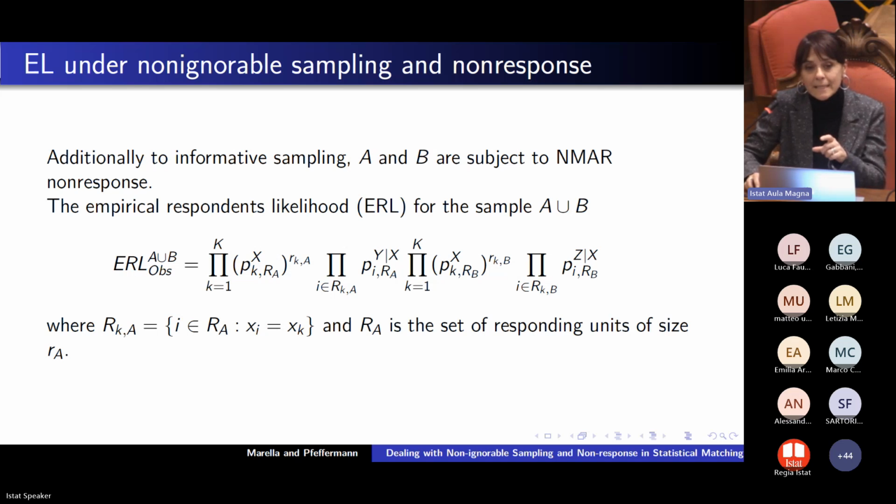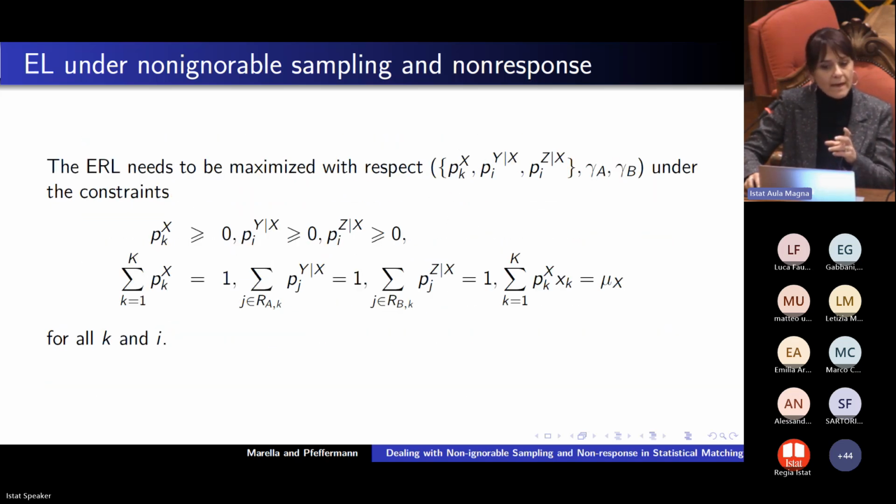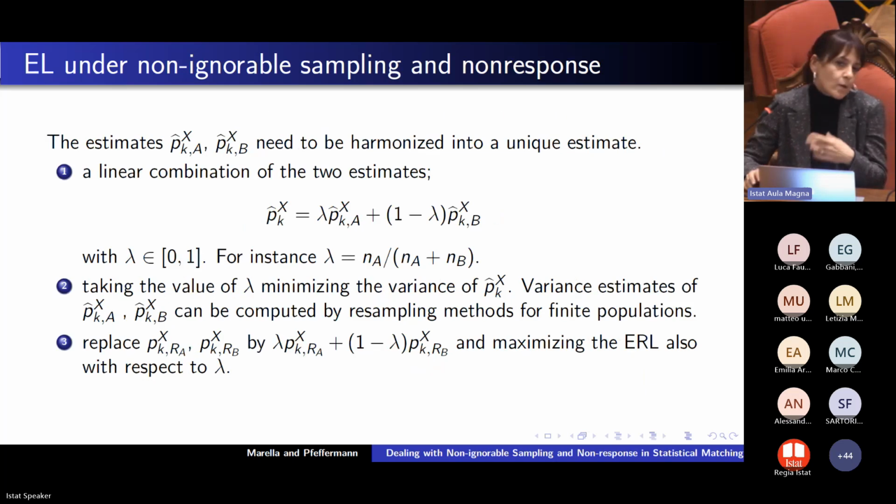Okay, then this means that we obtain two estimates for the distribution of X. That is, we obtain two estimates for the population parameter PKX, the first one for sample B and the second one for sample A. And then we need to harmonize these two estimates, and we can use alternative methods.